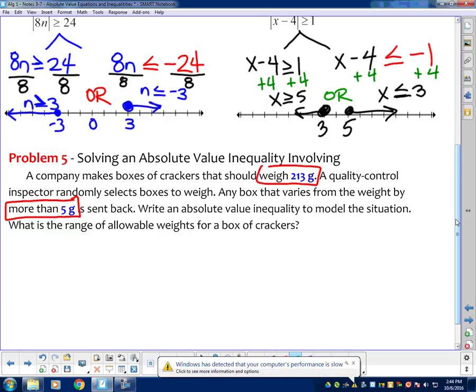Okay, so it cannot be more than 5 grams off, right? So is that less than or equal to or greater than or equal to? Mr. Round, on this one they're asking for allowable weights. Never mind, I got it.